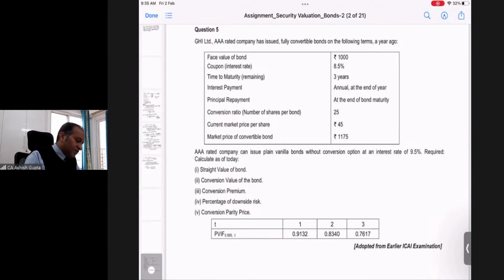The question says: face value of the bond is 1000, coupon interest is 8.5%, time to maturity remaining is 3 years.